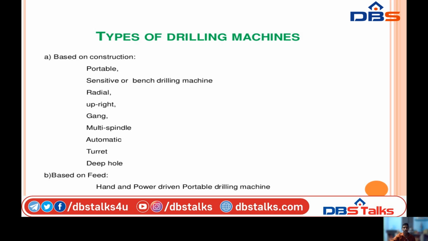Next, coming to types of drilling machines. Two classifications are there: one is based on construction, and the second is based on feed. First, based on construction, there are many classifications: portable, sensitive or bench drilling machine, radial, upright drilling machine, gang drilling machine, multi-spindle drilling machine, automatic drilling machine, turret drilling machine, and deep hole drilling machine.